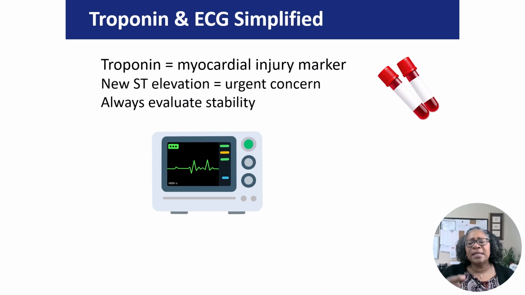If the troponin is elevated, but the patient is stable, you monitor and you notify of the results of the blood test. But if the troponin is elevated and the patient is hypotensive, you prioritize perfusion and you escalate care. And that's what they're asking you.